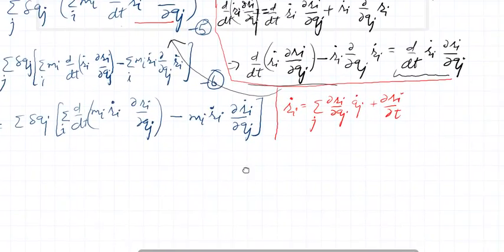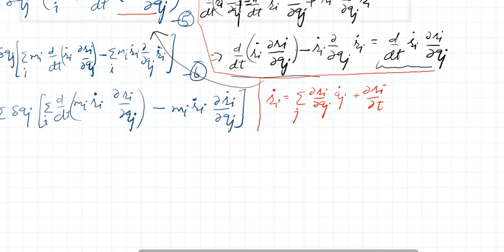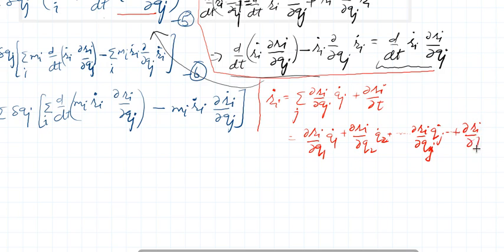Let me write this out: ∂R/∂q1 q̇1 plus ∂R/∂q2 q̇2, plus and so on, ∂R/∂qj q̇j, and so on, plus ∂R/∂t.